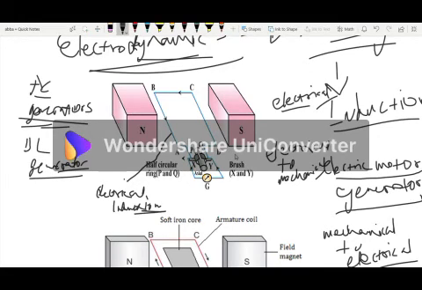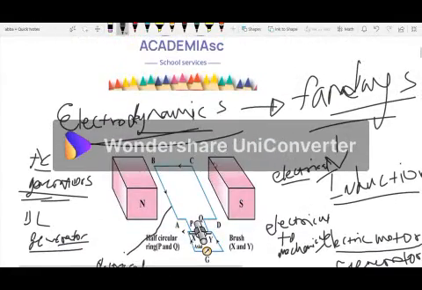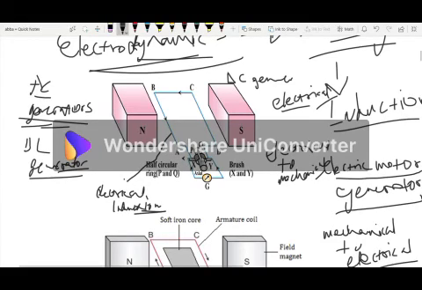So now this one here, I'd say represents the DC generator. One of the reasons is because it has the split ring. So when it has the split ring, the current will flow directly, right?